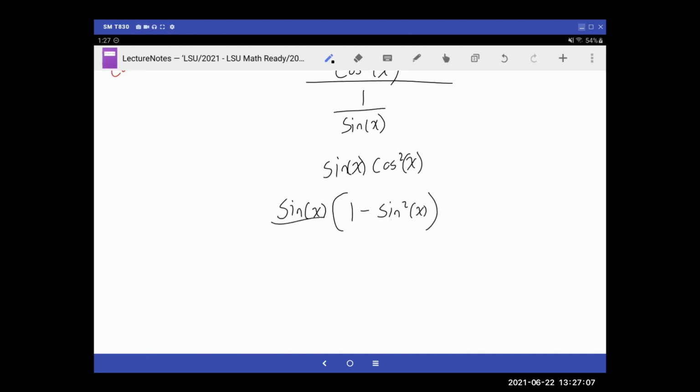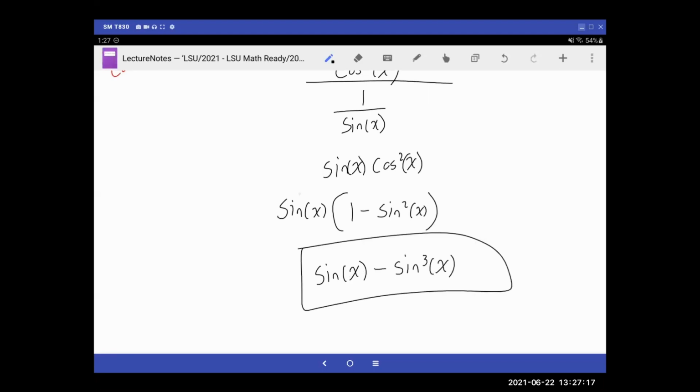Oh, look, we have it all written out as sines, right? So I probably could leave it like that. I'll just distribute it to make sure I work this problem out all the way. Sine x times 1, of course, is just sine x. Sine x times sine squared x would be sine cubed, right? So the little 3 would go there.